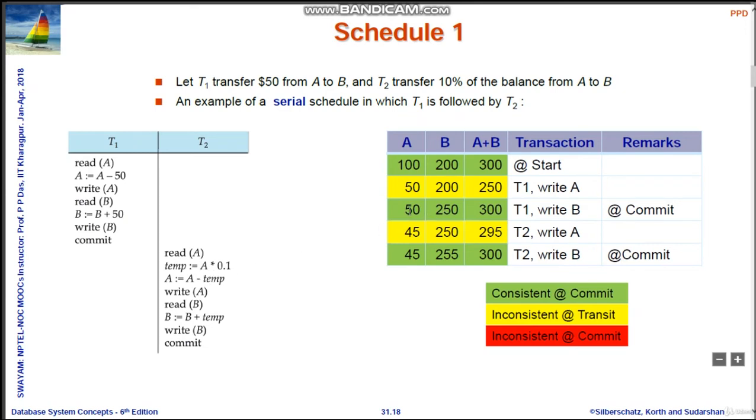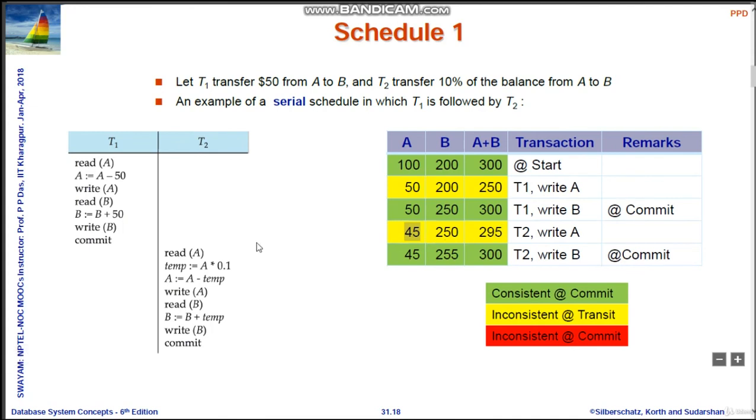It has originally 50 and it read 50. 10% means minus 5 from it. Now it is 45 and we write A. At that stage B is not affected. B is still 250, but A is 10% less, 45, so the sum is 295. It is inconsistent at that time.